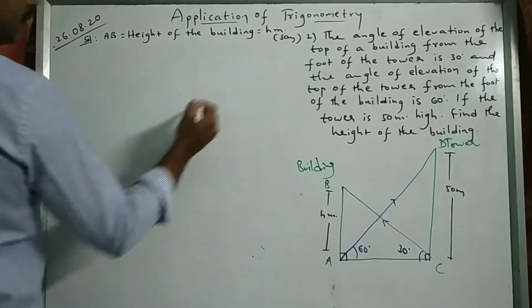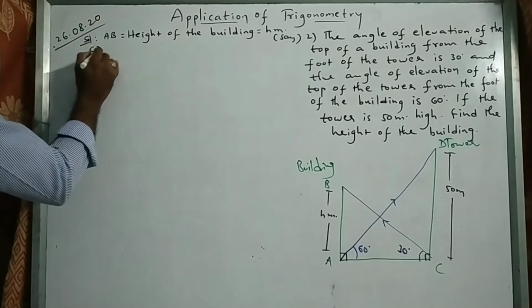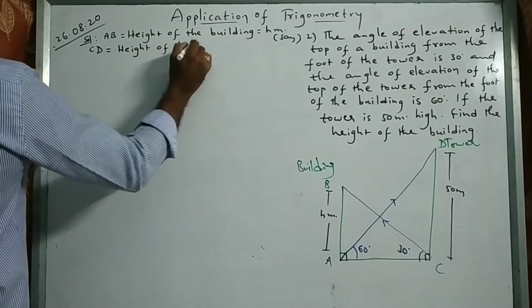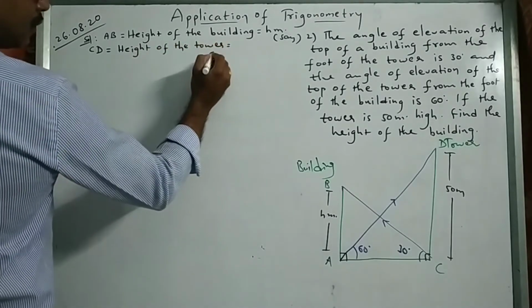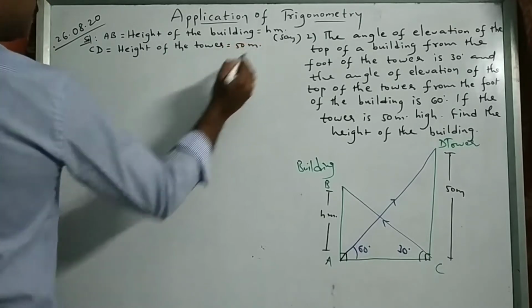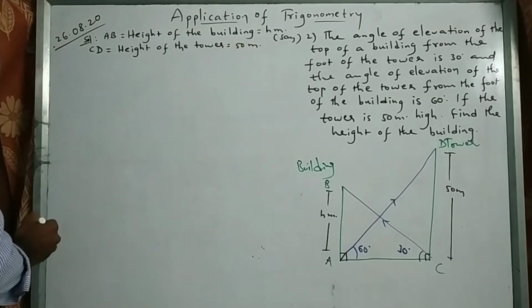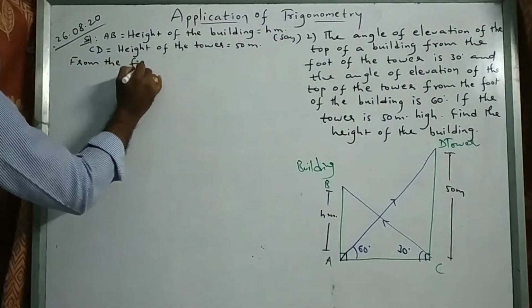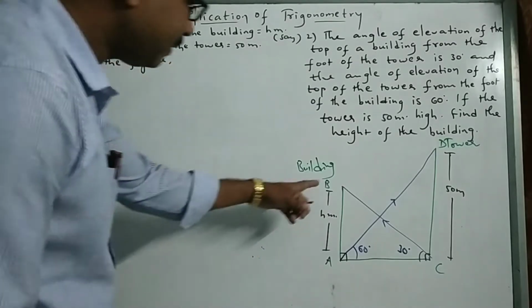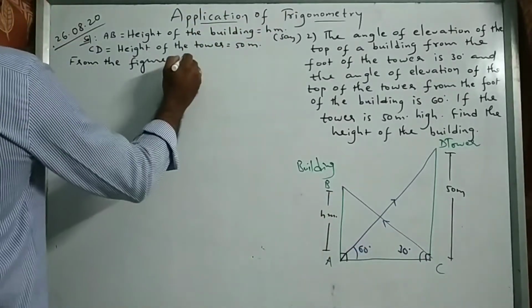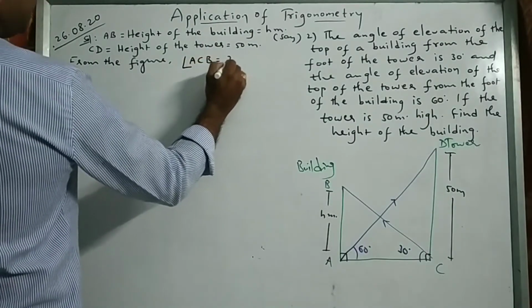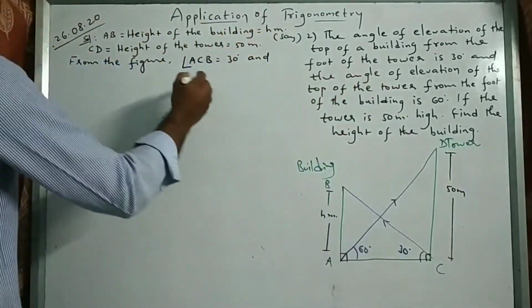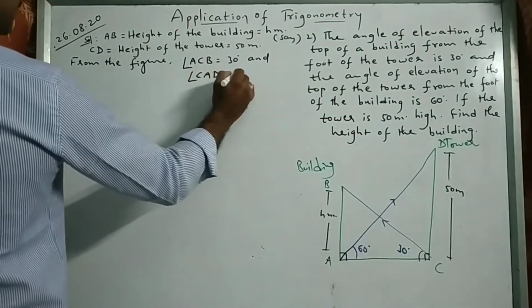CD is the height of the tower, 50. From the figure, angle ACB is 30 degrees, and angle CAD is 60 degrees.